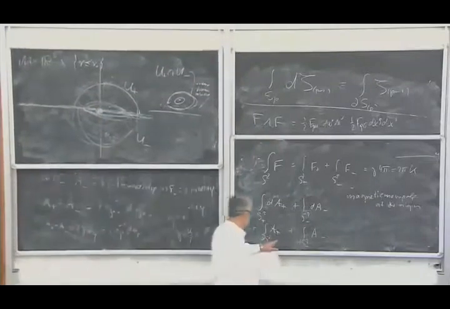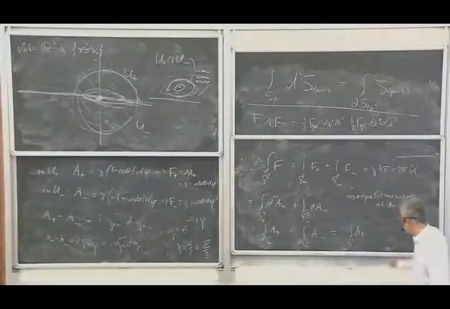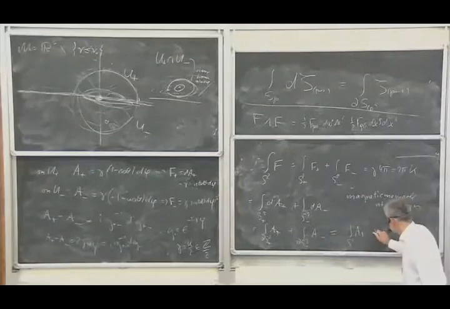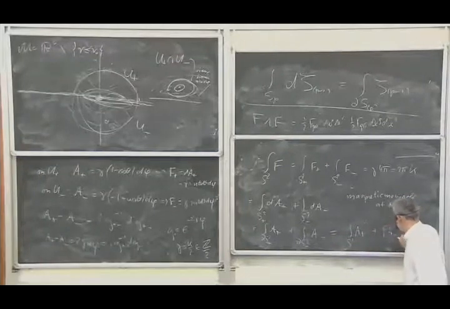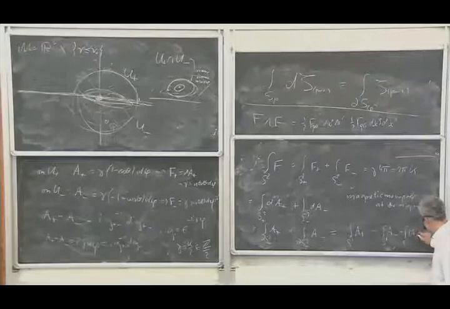So this equals the integral of A plus over the circle in the equator, and this is also the integral over the equator, except that the orientation is reversed to get a minus. So that's the integral over a circle of A plus minus A minus, okay?